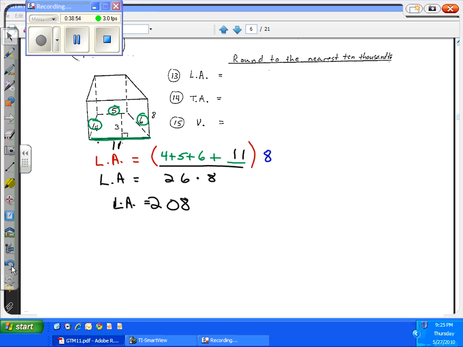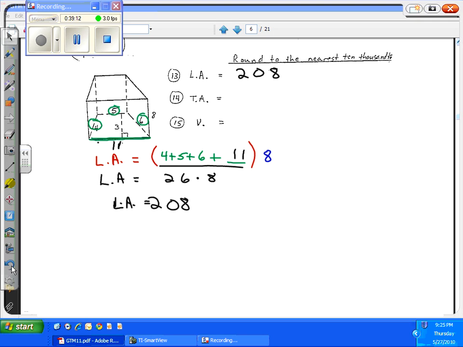We didn't have units of measure to deal with. And there's no need to even think about rounding to the nearest 10,000th because we got pretty numbers.